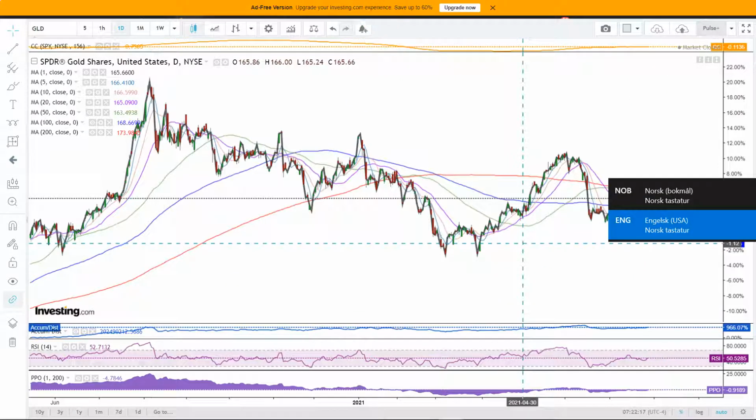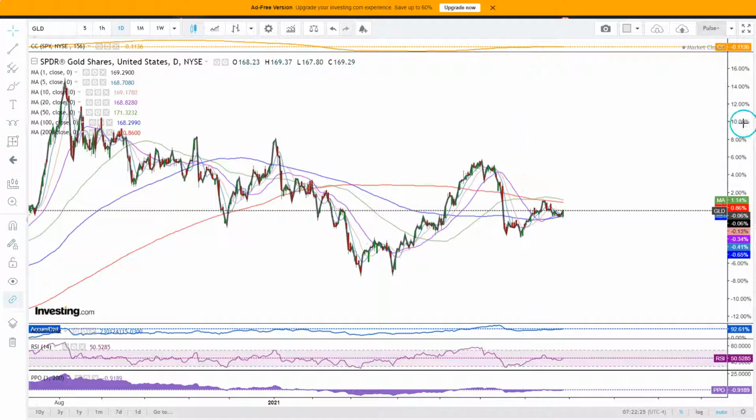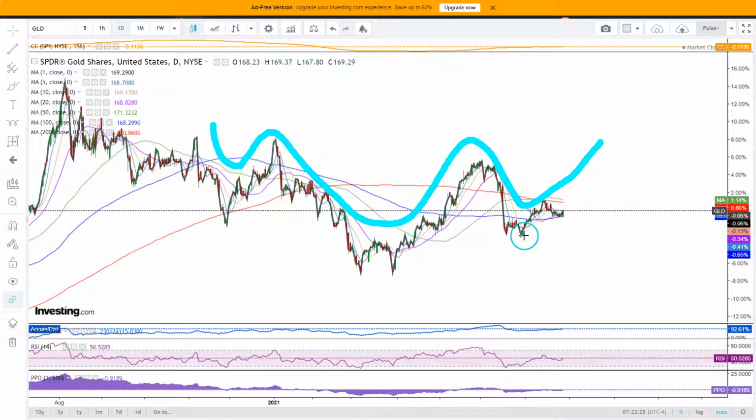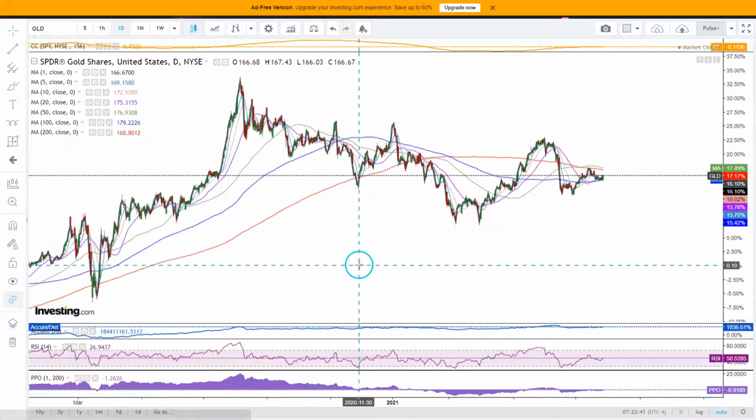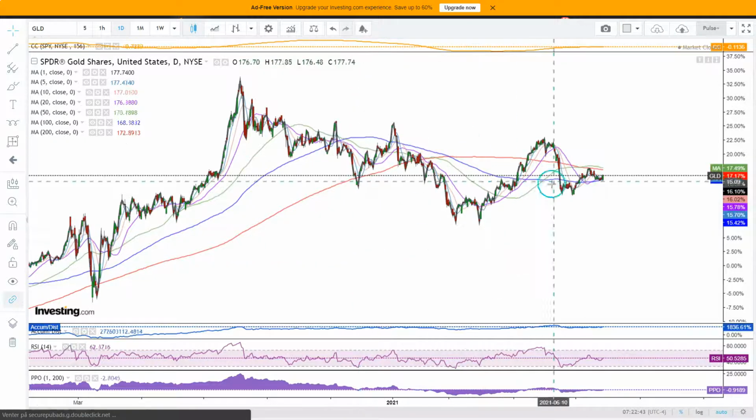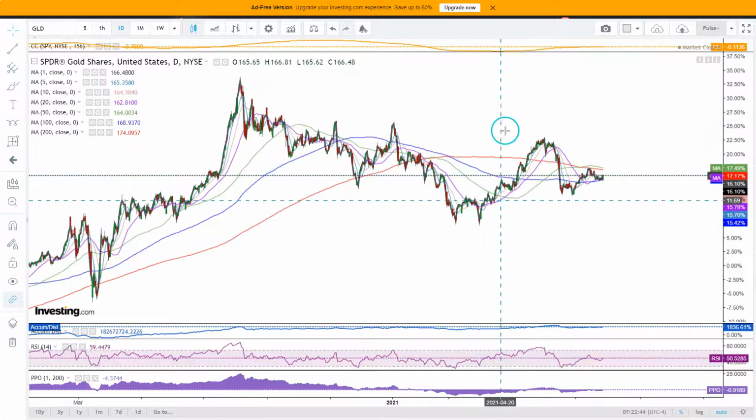Another key point is that we do have a very interesting technical pattern, so let's get that out of the way. We have a major inverse head and shoulders pattern. It is unfortunate that the right shoulder is a bit lower than the left shoulder. That is not ideal when it comes to inverse head and shoulders patterns.